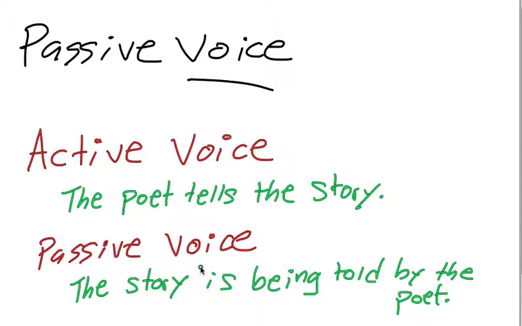So in sentence one, it's active because the poet, who's the subject, is doing the action, he's telling. In the second sentence, the verb is passive because the subject, the story, is being acted upon. It's being told by the poet.